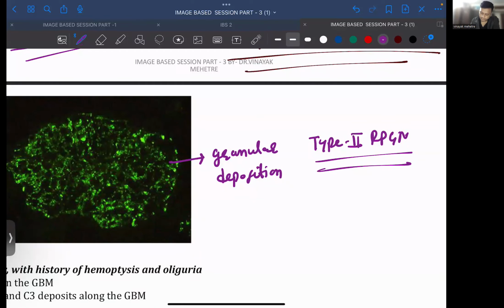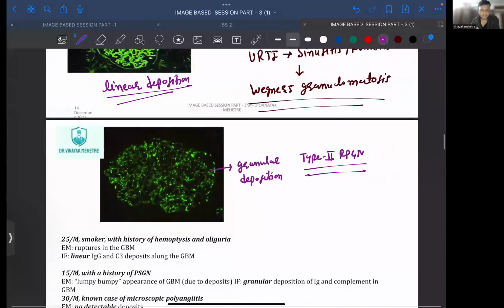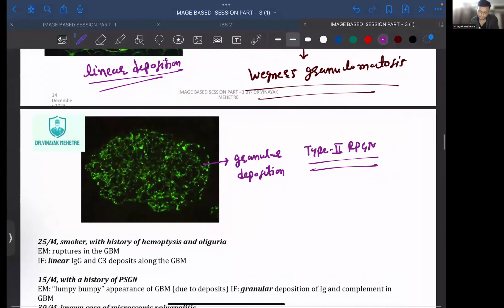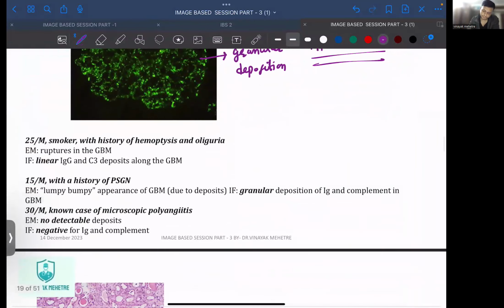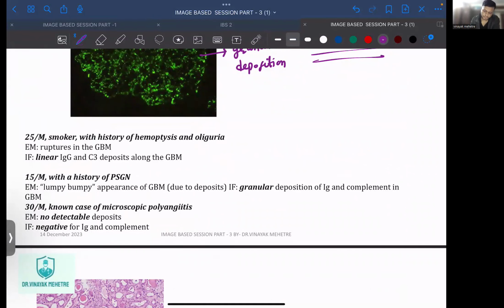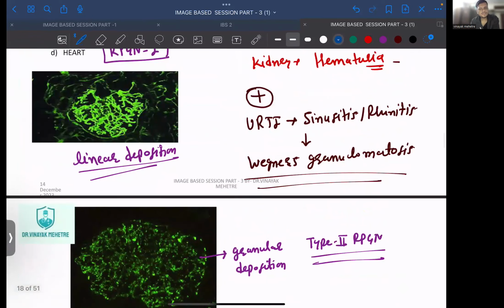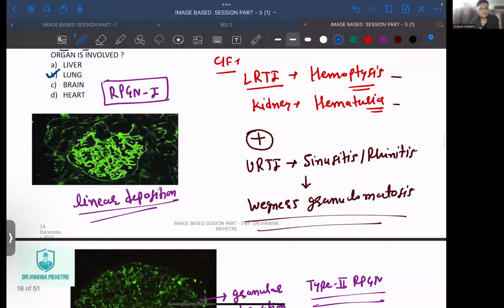Okay. How do the questions come? Take a look. First question: linear IgG and C3 deposition. We just saw that this is seen in type 1 RPGN.